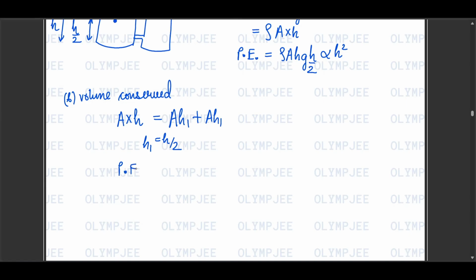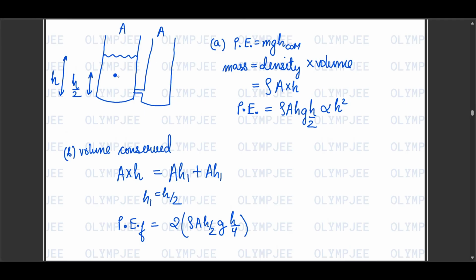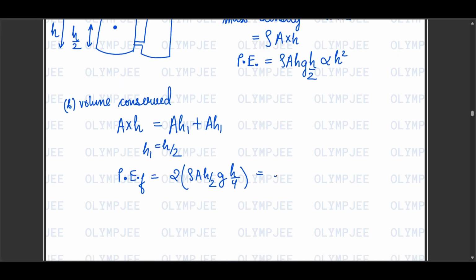Final potential energy would be twice of rho A h by 2 g h by 4, because in every container the water is filled up to height h by 2 and the center of mass is now at h by 4 from the bottom. So this is the potential energy in one container, and we multiplied it by 2 to find the potential energy in both. So this would be rho A h square g by 4. Initially it was rho A h square g by 2 and now it is half of that.